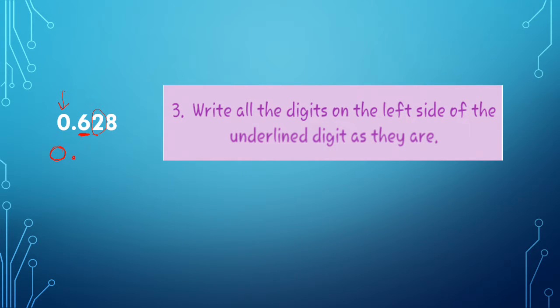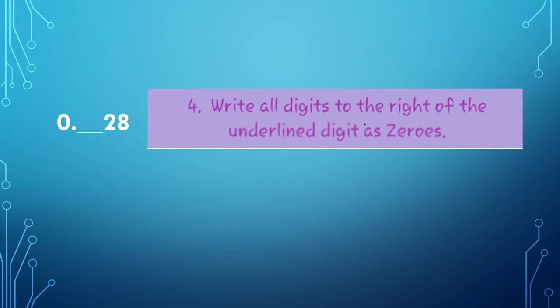We write it as it is, so we don't change it. So 0 point. Then the next step is to write all the digits to the right of the underlined digit as zeros. From the last step, it was 0 point, and we left a space and wrote 2, 8. These are the digits to the right, so we write them as zeros.